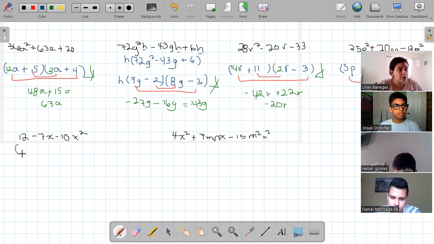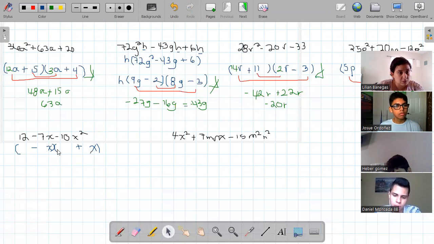We're going to open two parentheses because there's no GCF, as you can see, between 12, 7, and negative 10. First sign goes in the first parenthesis. I multiply the signs, negative times negative, positive. Now I divide the x, but the x will be in the last term. So x, and x.